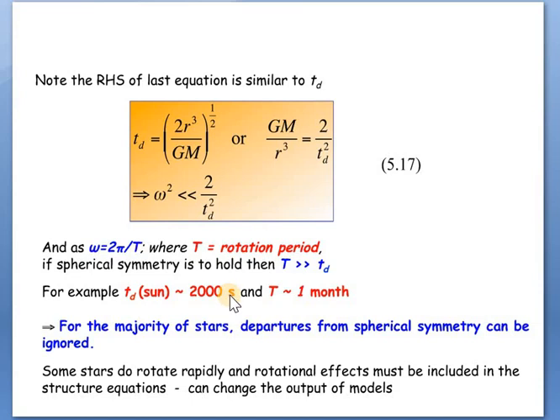Now this thing is true, so for a majority of stars we can ignore the spherical symmetry violation. That means they are all mostly spherically symmetric. However, there are stars which do rotate very rapidly, and in that case the rotational effects have to be included.